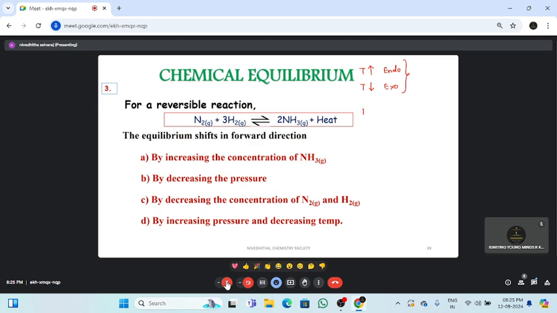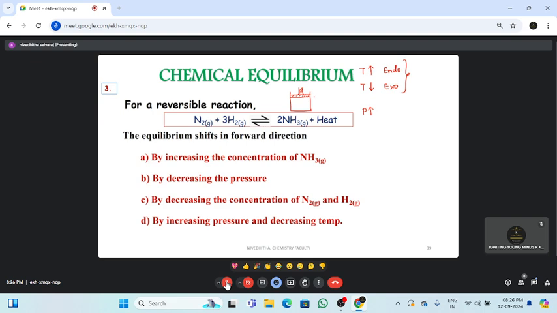How can we increase the pressure? I have a cylinder full of gas closed using a frictionless piston. By reducing the volume, by compressing, because the cylinder is closed with a frictionless piston where volume can be adjusted.